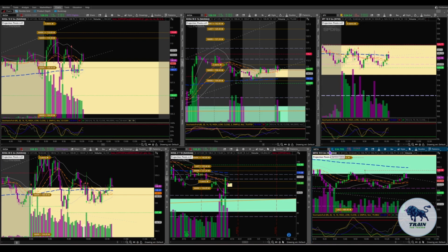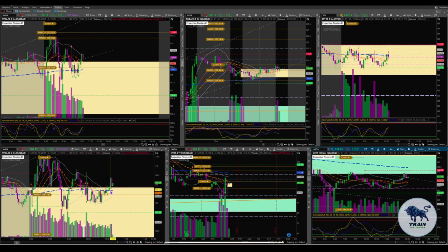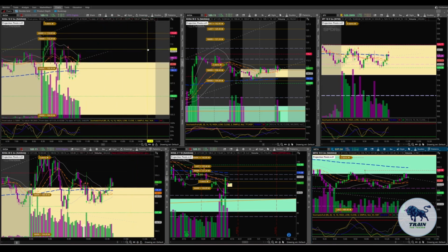They may not move at the same price points together, but if SPY is green, normally Nvidia, Meta, Apple are green on that day as well. Vice versa if they're red. So if SPY does decide to break out from this 200, I guarantee you we'll be up on this trade. Look, it's trying. It's trying.